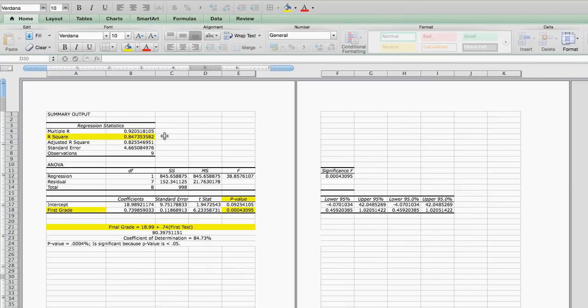That tells us, in other words, that 85% of the behavior or the differences within and among the values for our dependent variable, I can explain when I look at the specific predictor variable or independent variable. That's what we mean by the coefficient of determination, R square.